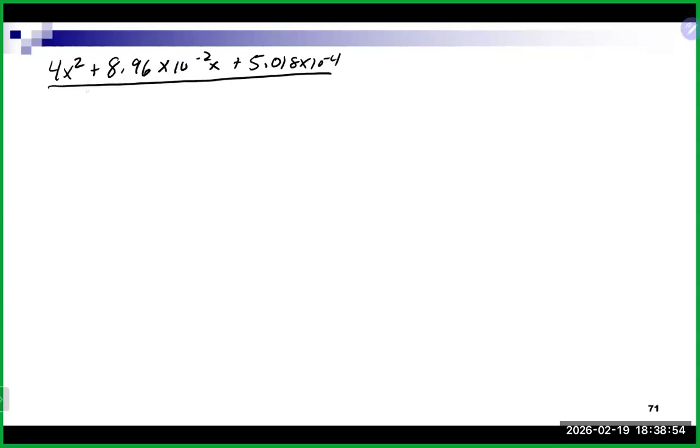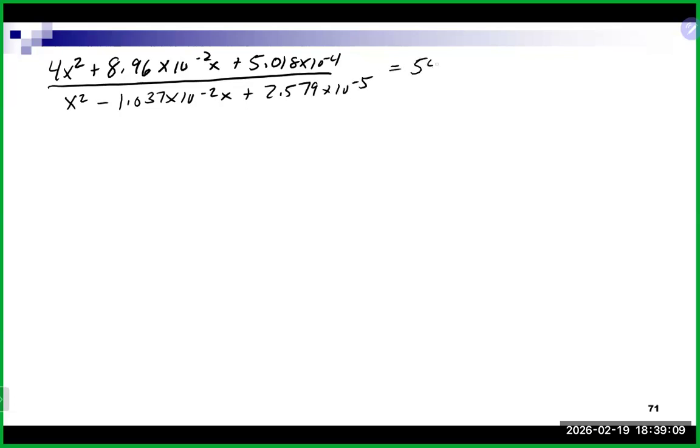On the bottom, we settled there with x squared minus 1.037 times 10 to the minus 2x and 2.579 times 10 to the minus 5.